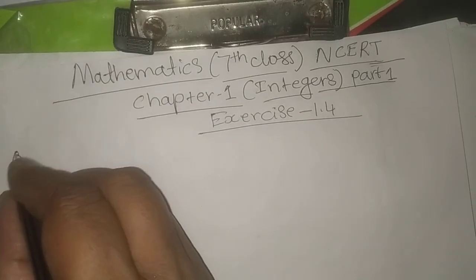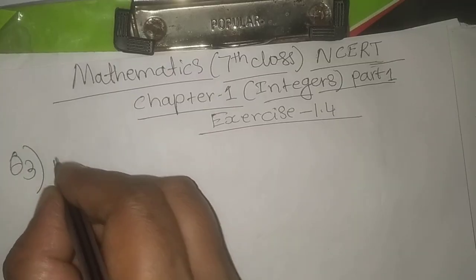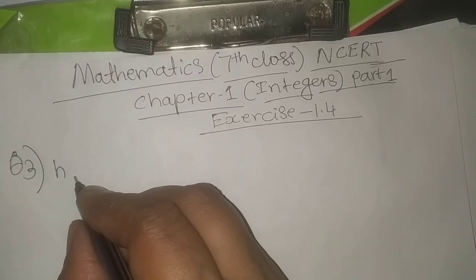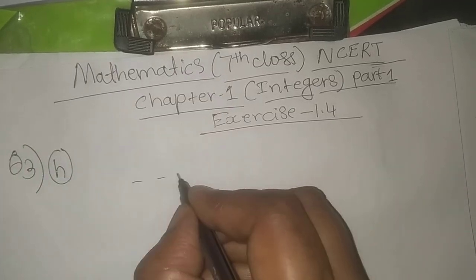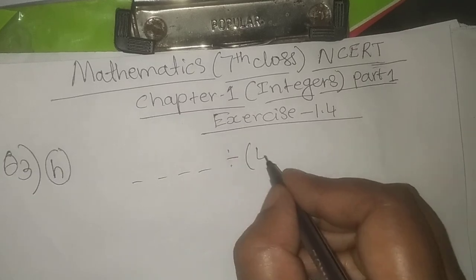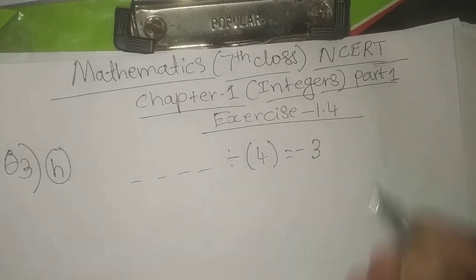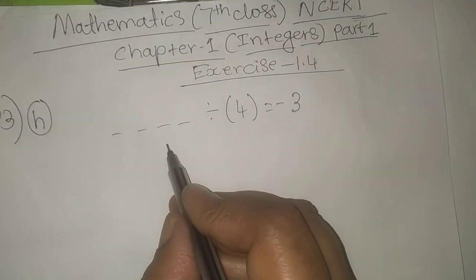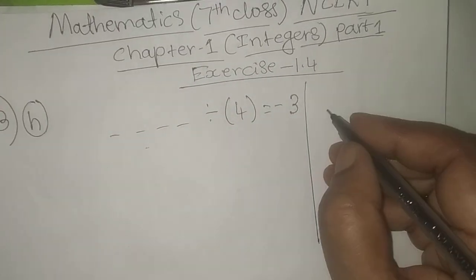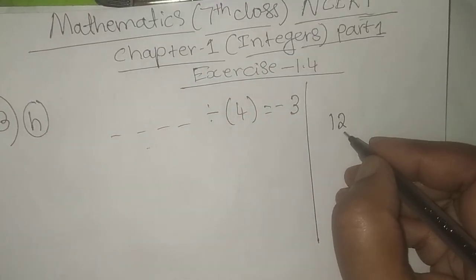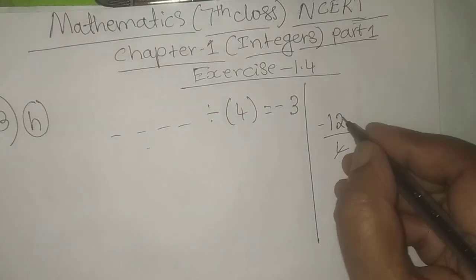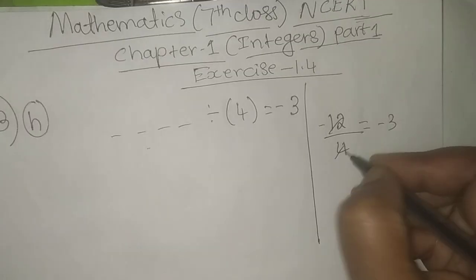That is H. Question 3 H is blank divided by 4 is equal to minus 3. So what is the answer? I can write it as minus 12 by 4 equal to minus 3.